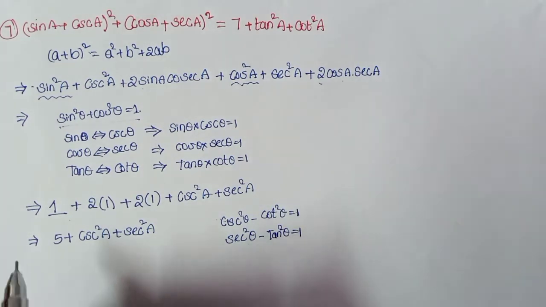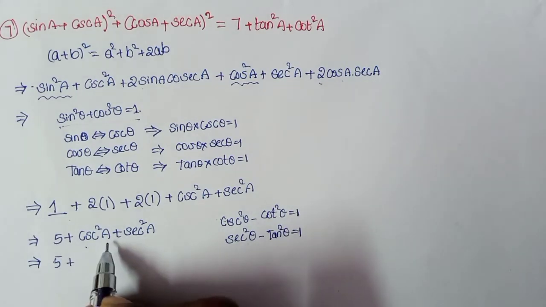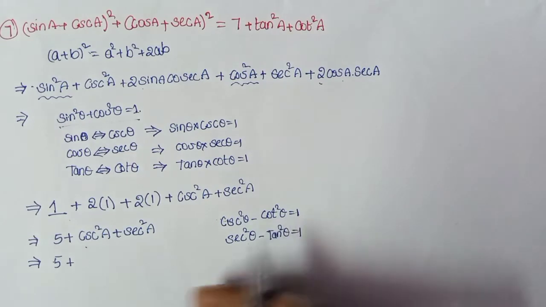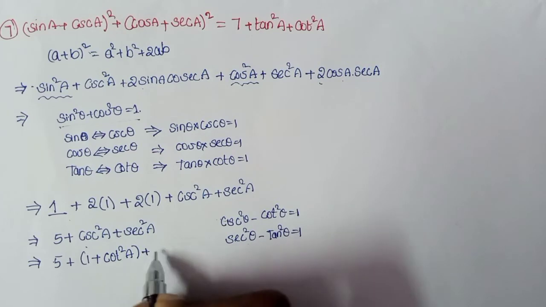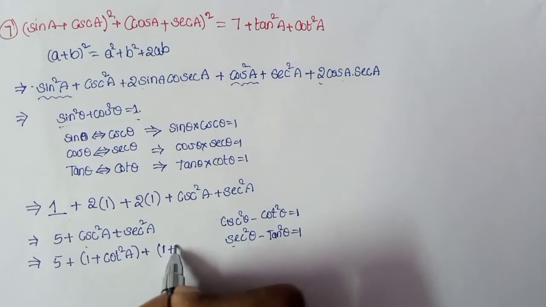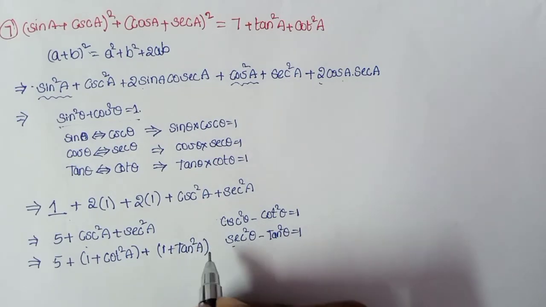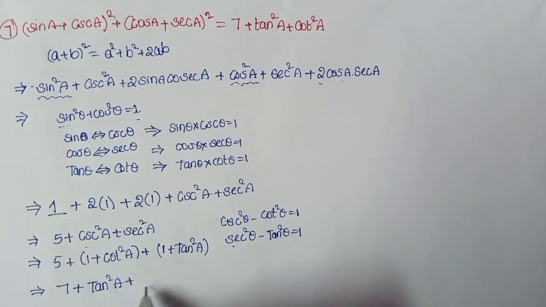So if you replace these two terms with that, 5 plus cosec square A is what? 1 plus cot square A. And sec square A is 1 plus tan square A. So here 5 plus 1 is 6, plus 1 is 7, plus tan square A plus cot square A. This is the end of the answer.